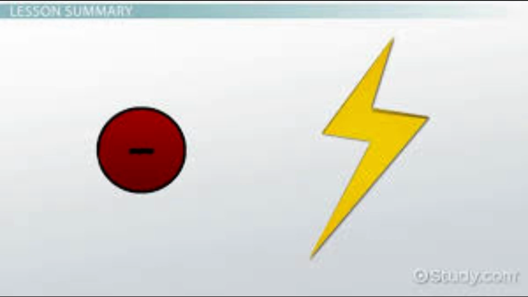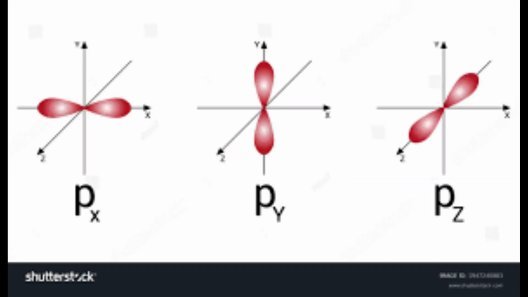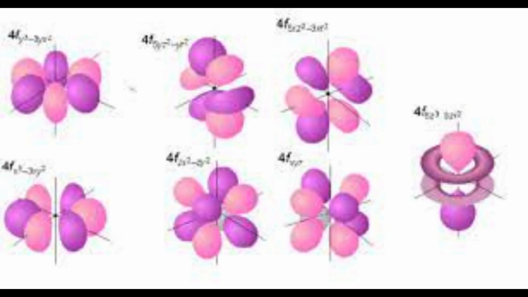So the thing is, an orbital isn't really the whole atom. It's just more about the electrons in the atom. There are about 4 different types of orbitals: S, P, D, and F, right?